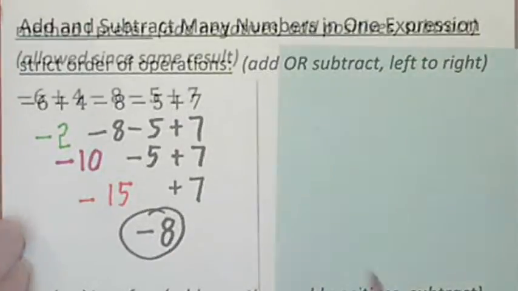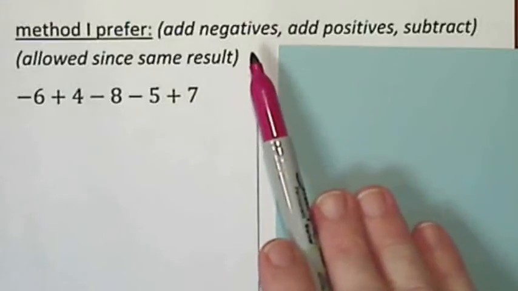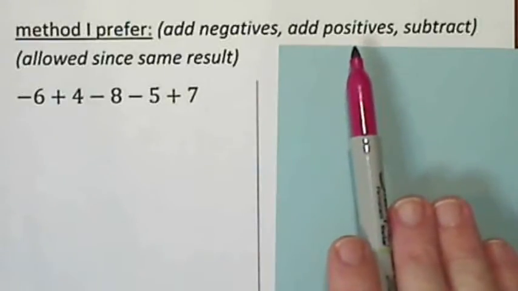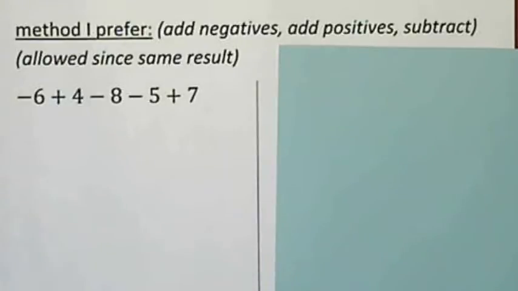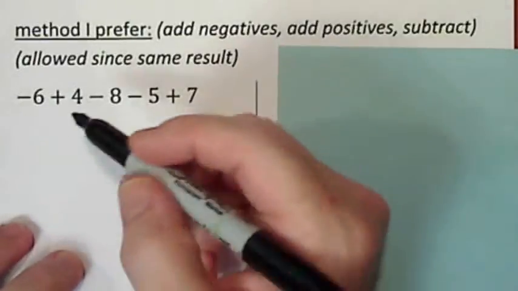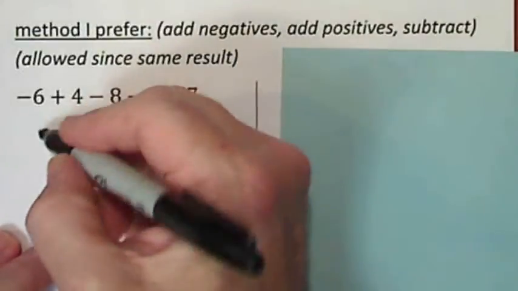It's too cumbersome. I prefer to just group together the negatives, add them, group together the positives, add them, and then you only have to do one subtraction. You're allowed to do this because you get the same answer. So the negatives would be 6, 8, and 5.